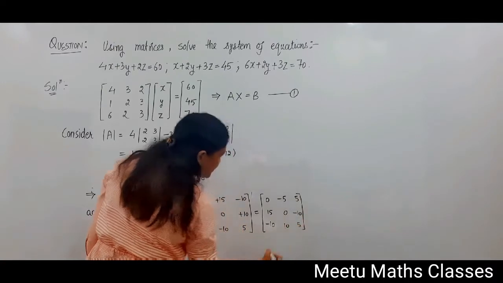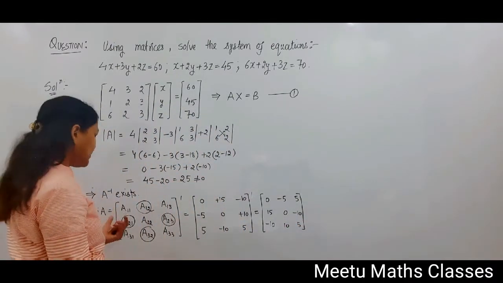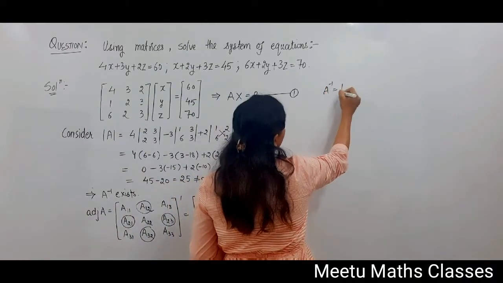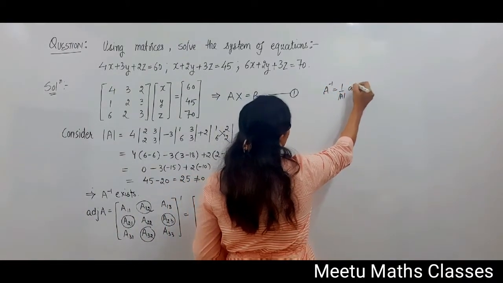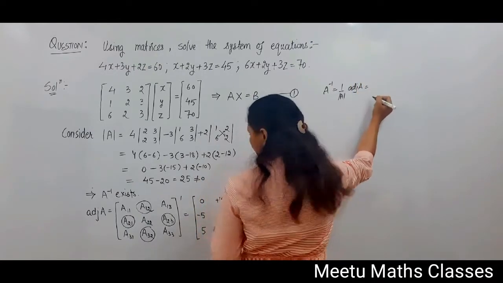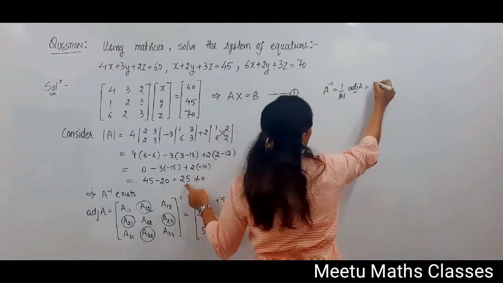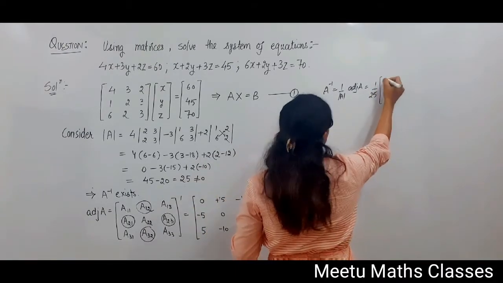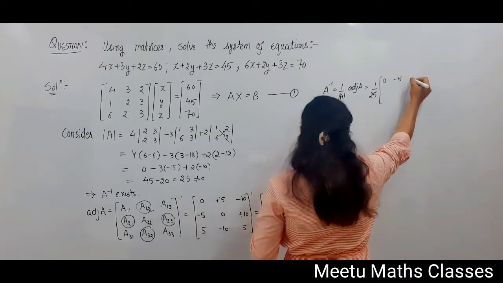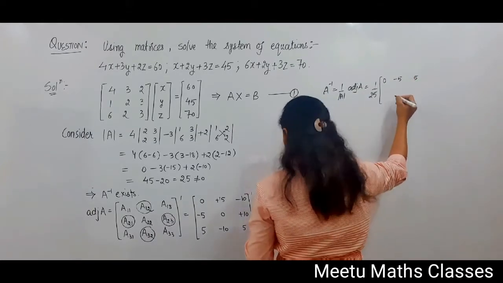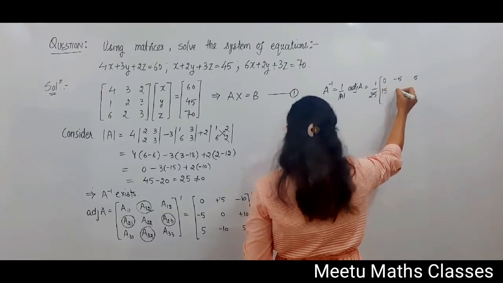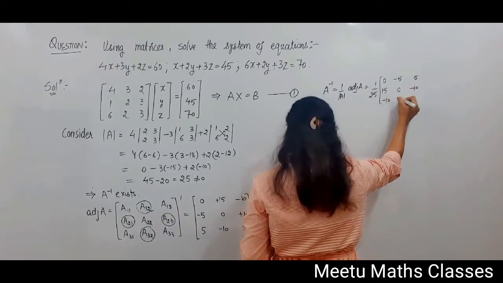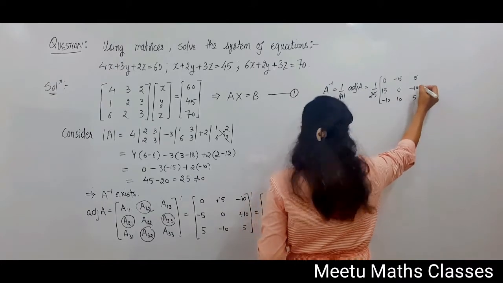This is the adjoint of A. So A inverse will become 1 upon determinant A into adjoint of A. The determinant of A is 25, so 1 upon 25, and the adjoint of A is 0, minus 5, 5, 15, 0, minus 10, minus 10, 10, 5.